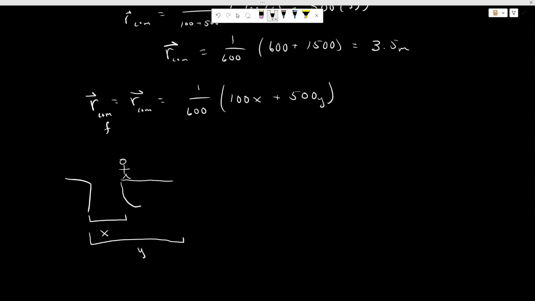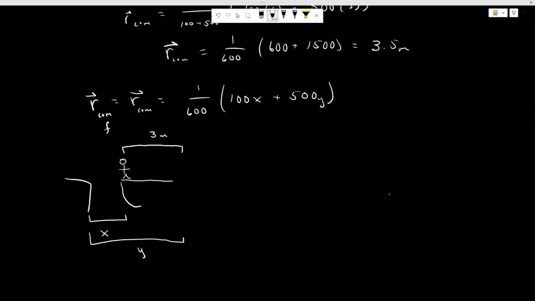And now I have a problem. I know R_COM is 3.5. And I know that 1 over 600, I know 100. But I have x and y. And that's one equation with 2 unknowns. But looking at this drawing, I know that this is 3 meters, because the person is 3 meters away from the center of mass of the boat, because they walk to the other side of the boat.